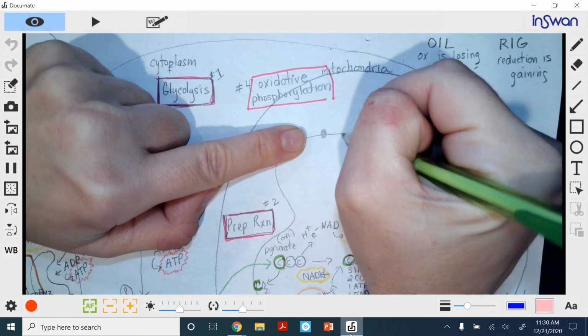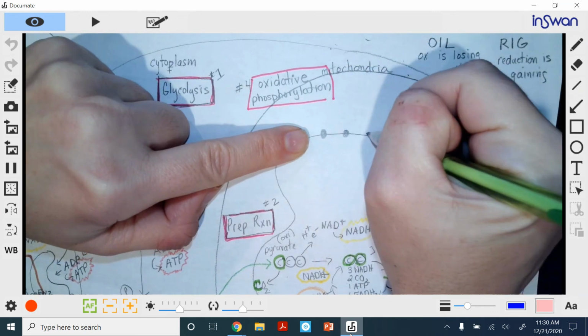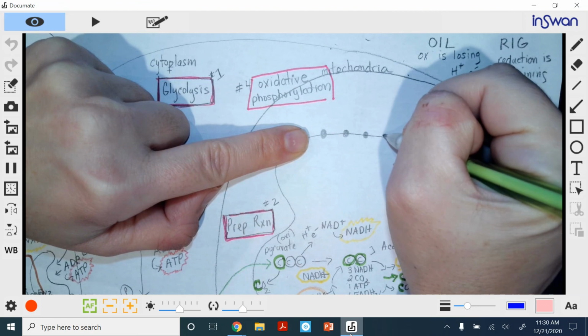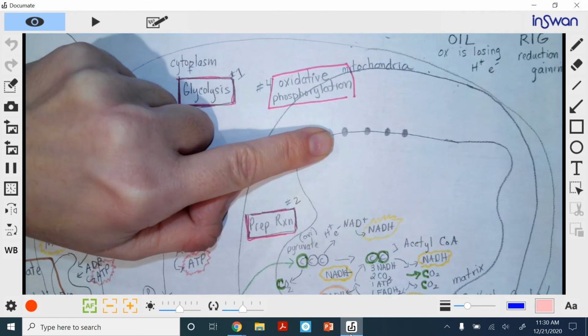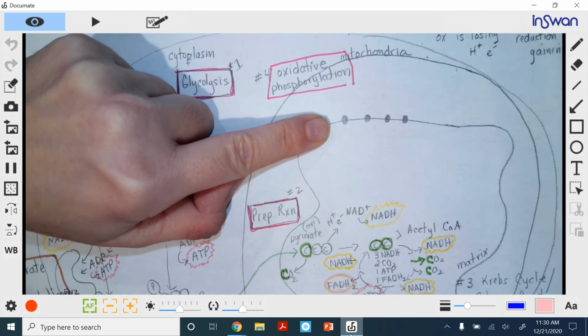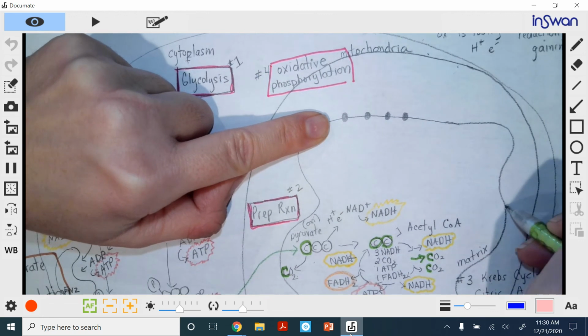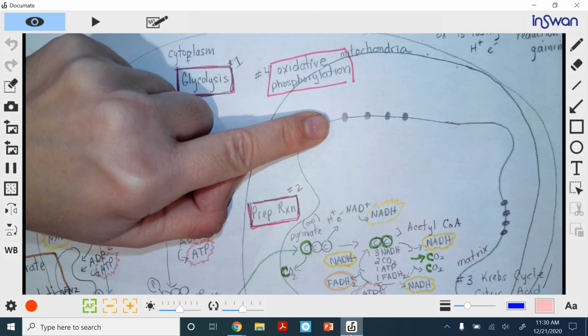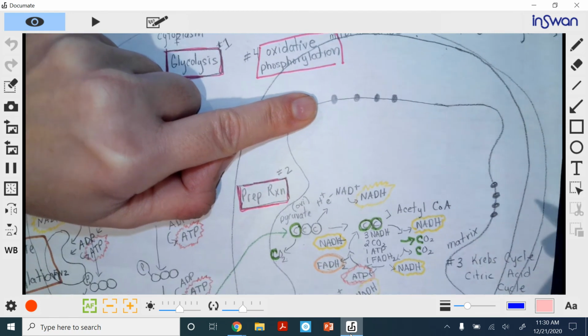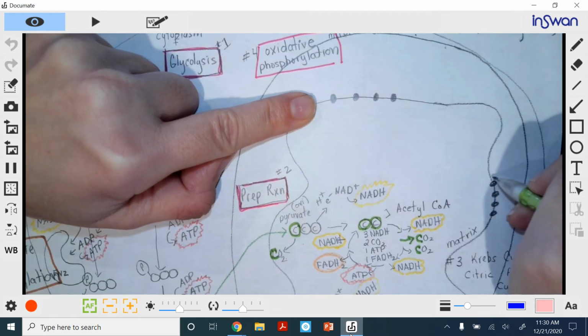So we're going to put those embedded proteins, and notice that I'm probably leaving like a centimeter between each of these proteins. Okay. And you know what? I'm going to put some more over here just because they're everywhere. And the more folded the membrane, the more we will have in the mitochondria. And I'm going to name them.